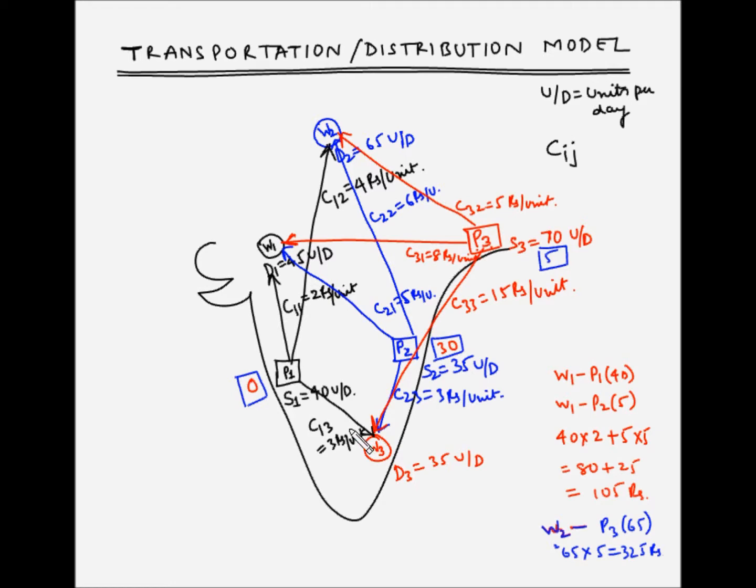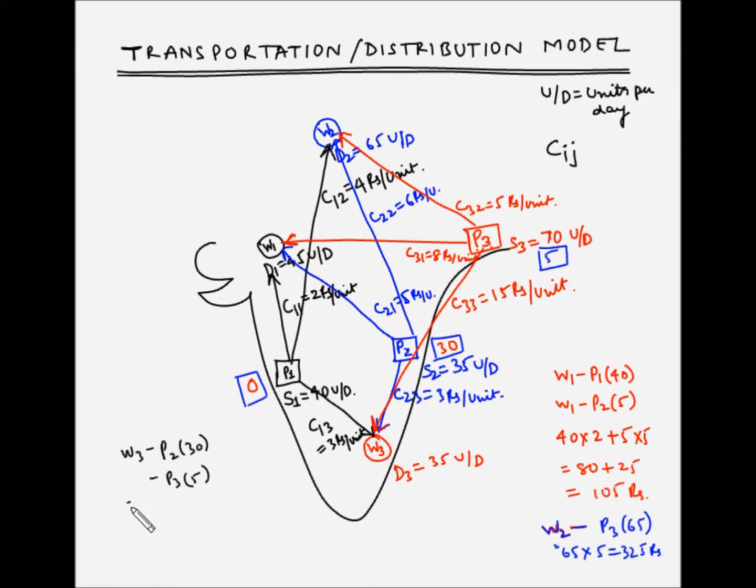Now even though P1 and P2 are rupees 3 per unit and P3 is 15 rupees per unit, we can't take the material from P1 because P1 has already supplied to W1. So for W3, we can take from P2 a quantity of 30 and from P3 a quantity of 5.